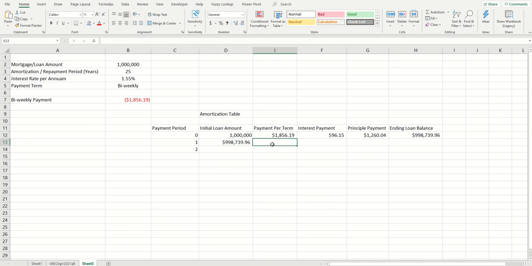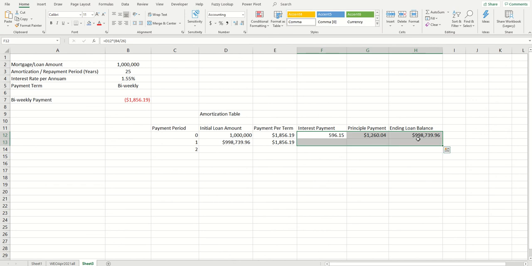And for this one, I'm not going to refer to this cell again and again, so it's going to stay the same the whole time. Let's select that, and everything else you can just copy down. How you copy down is select, hold the corner and drag it down.